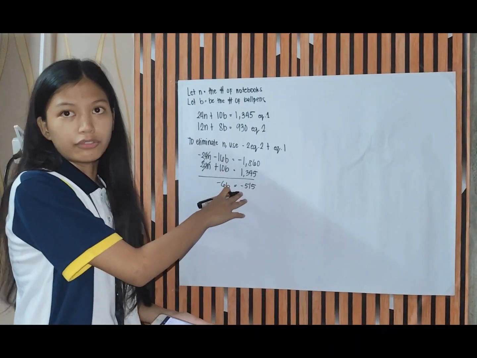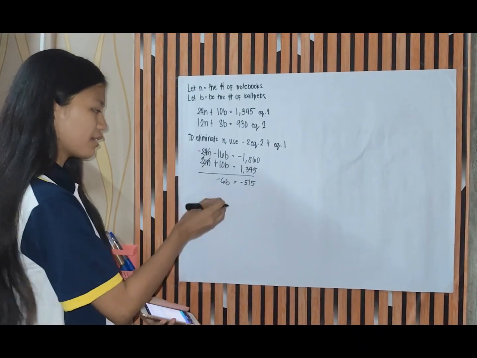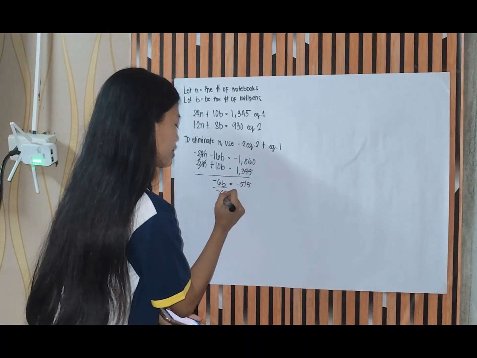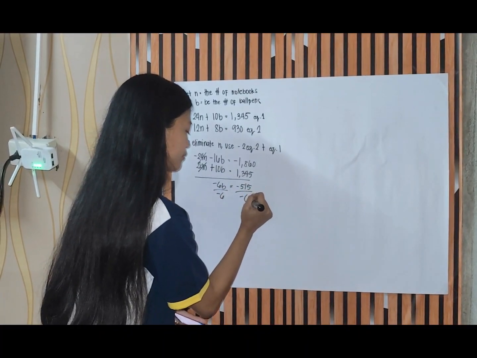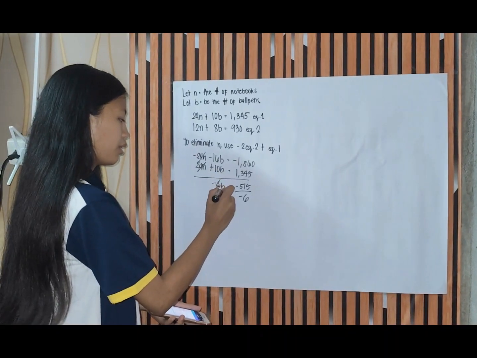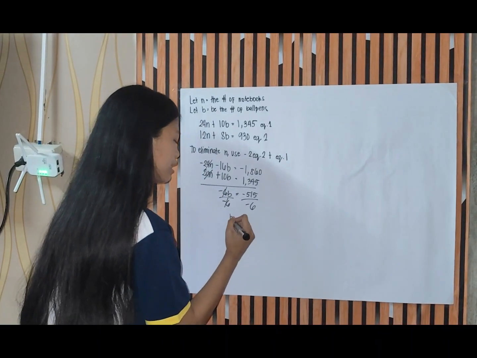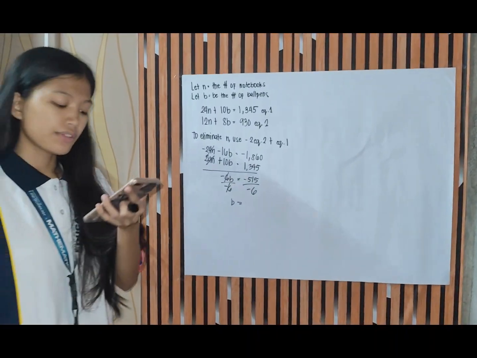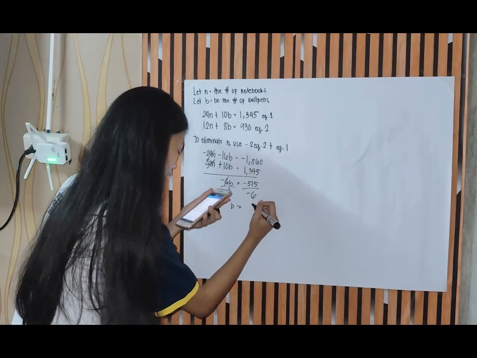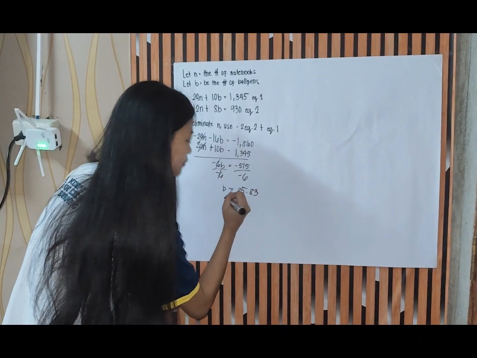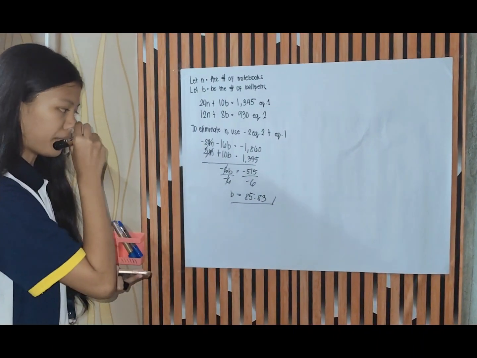So to isolate the variable b, we divide both sides by -6. -6 over -6 is 1. So b is equal to -515 divided by -6, which is 85.83. So this is the value of b.